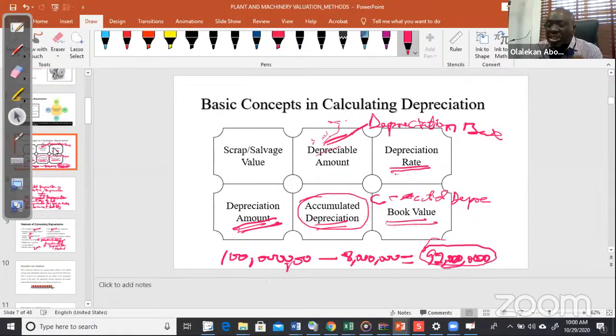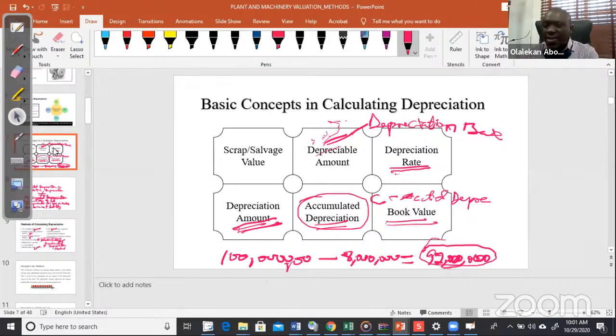After you have reached the lifespan of the asset, don't forget that something will still be left over. That leftover we assume as either a scrap value or a salvage value. Often you use these two interchangeably, however, they are not the same.